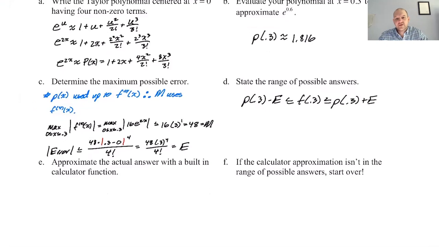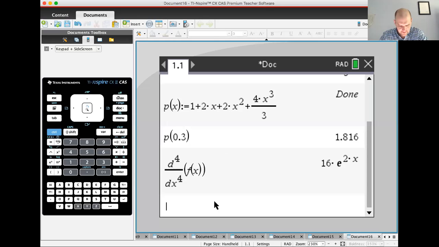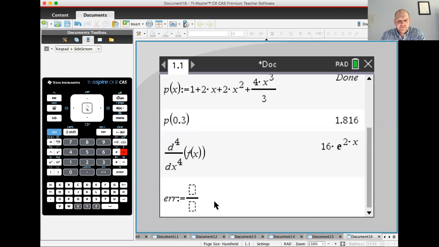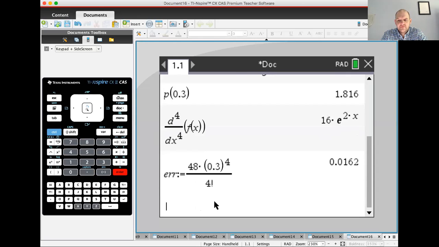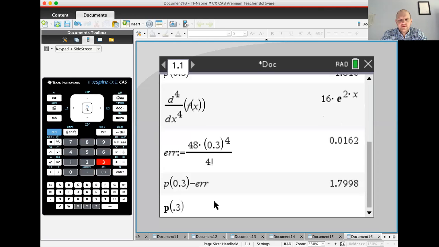So let's get the calculator and store our value for the error. I'm going to say error is 48 times 0.3 to the 4th over 4 factorial. Okay, but it's pretty small.